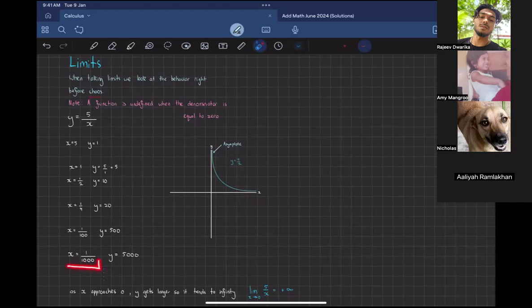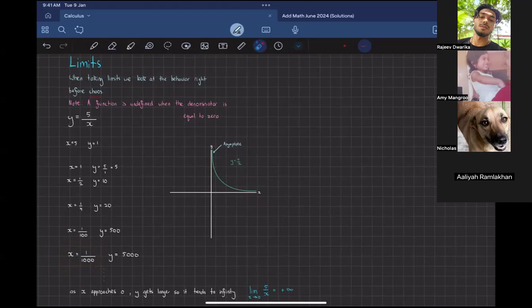Let me just say it was saving like 1,000. How many days would it take to save up that $5? 5,000.